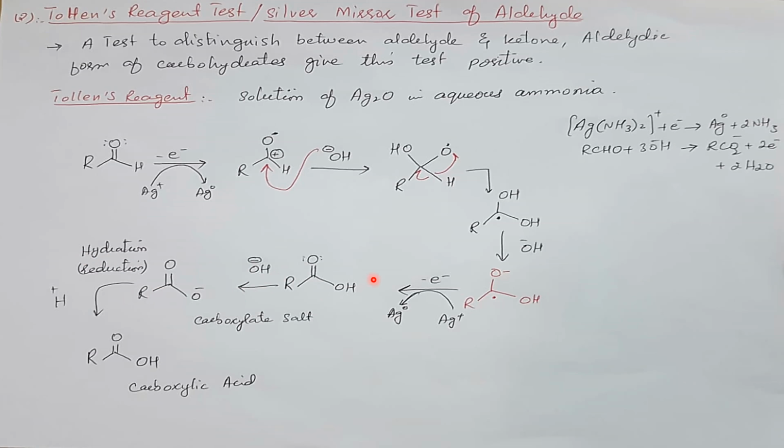Basically, the point is this one, that usually I have written this carboxylic acid, but what actually happened is that this is the form which formed here. This is a carboxylate salt, and then if there are H positive in the system which are present in this reaction, they get protonated and there is the carboxylic acid. Or otherwise you can just go straight to this end product, if that is confusing to do, but you should know the concept of it.